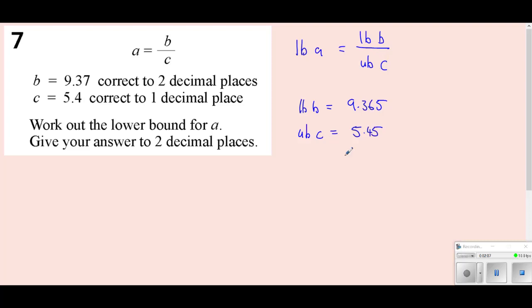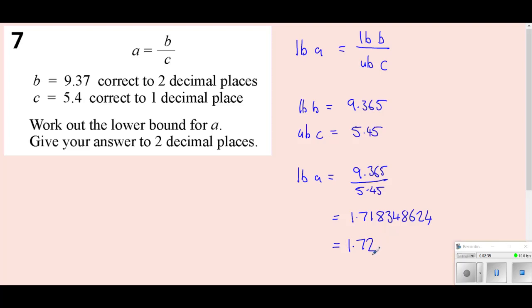If we substitute those in, the lower bound for a is equal to 9.365 over 5.45. Typing that into the calculator, 9.365 divided by 5.45 gives you an answer of 1.71834864.